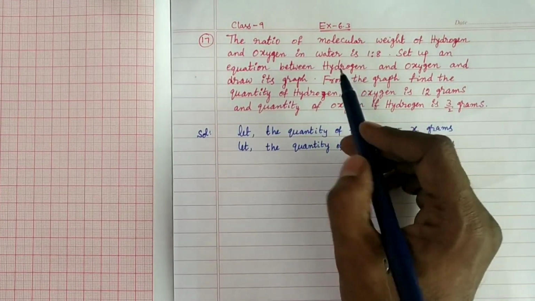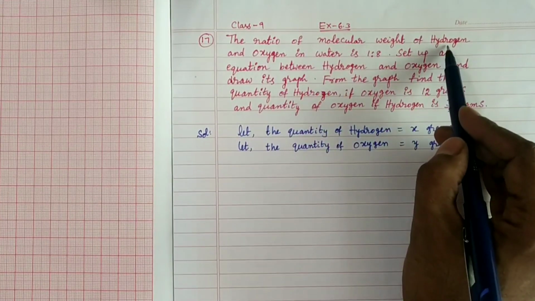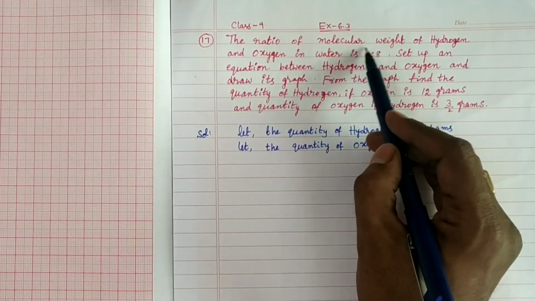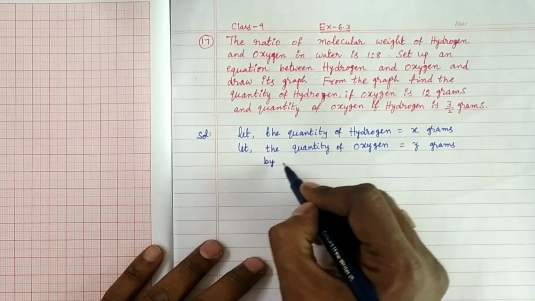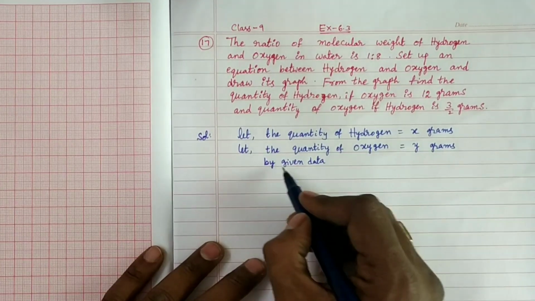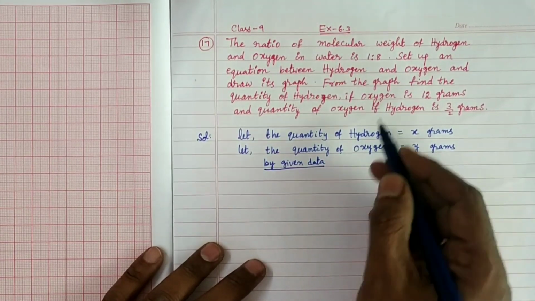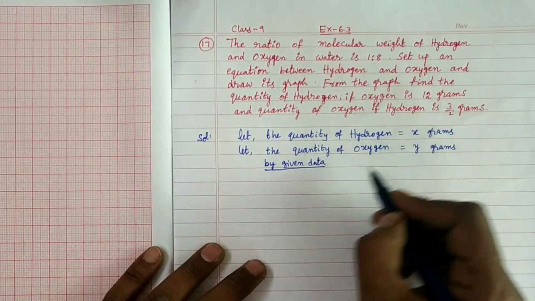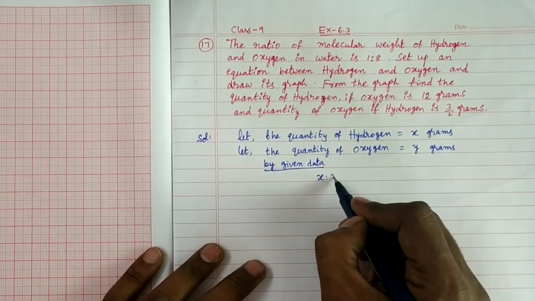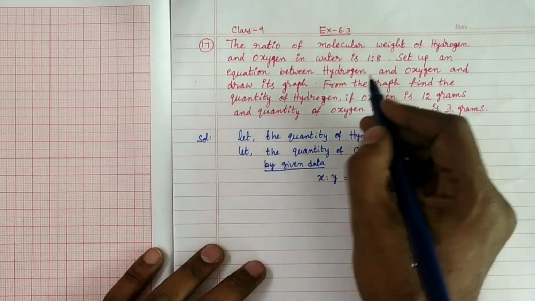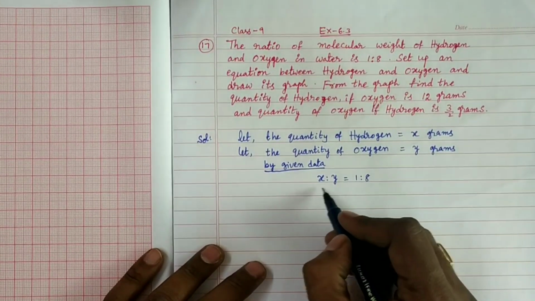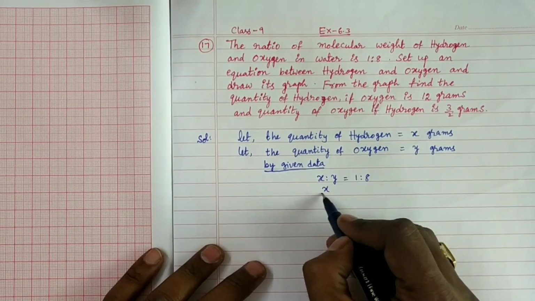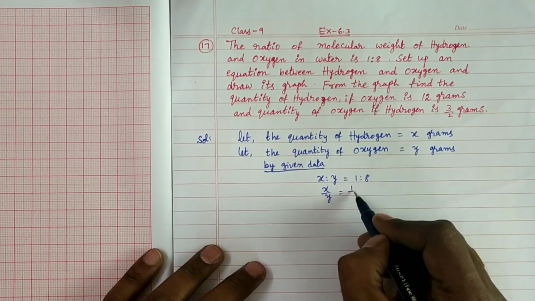By the given information, the ratio of hydrogen and oxygen in water is 1:8. So by the given data, the ratio of hydrogen and oxygen, that is x:y, is equal to 1:8. When we simplify this, x by y is equal to 1/8.